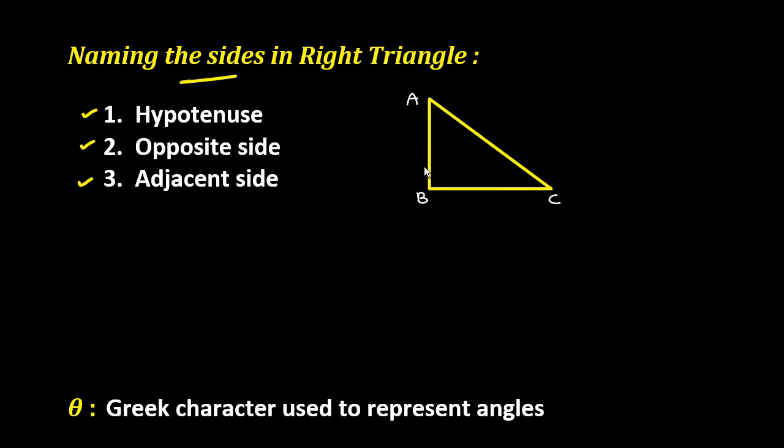It is clearly visible from the figure that 90 degrees is located at B. Now the side which is opposite to the right angle is called hypotenuse, or simply the longest side of the triangle is hypotenuse. So one side is done.